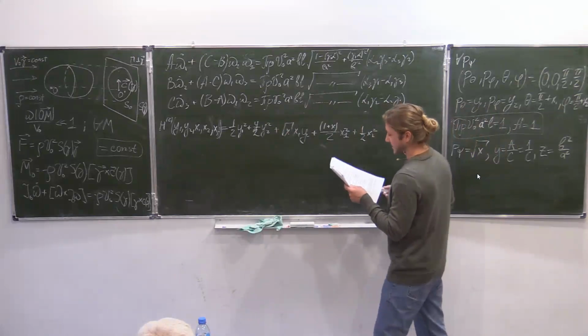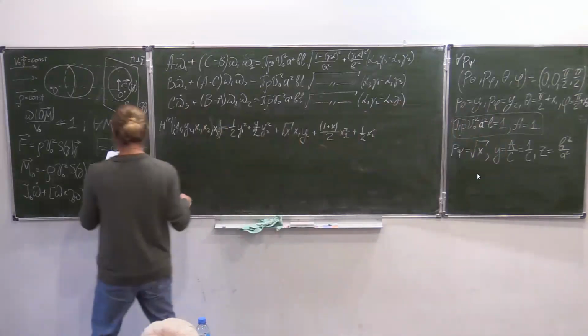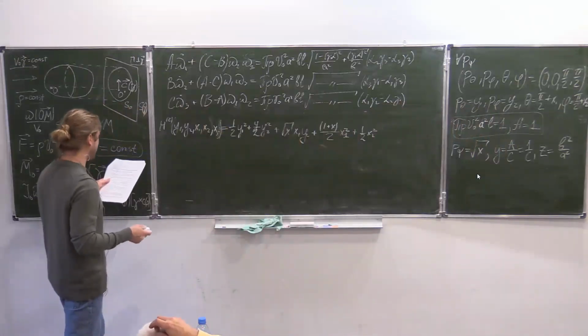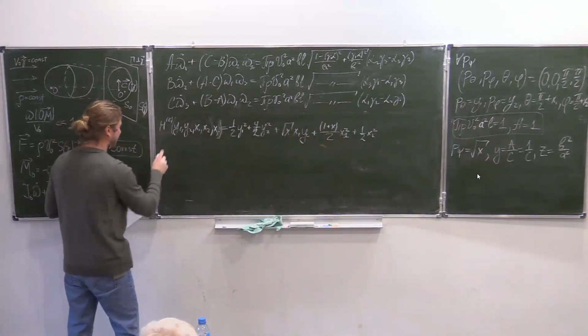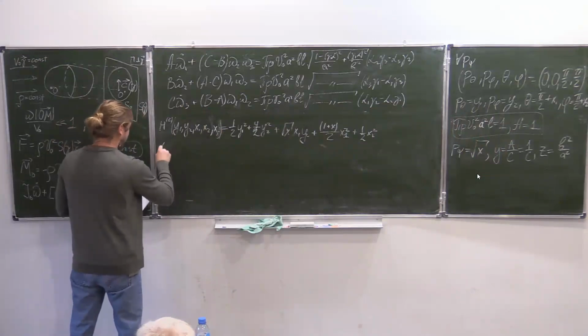Write down the characteristic equation of a linear system with a Hamilton function h2 equal to the quadratic part of our Hamilton function.